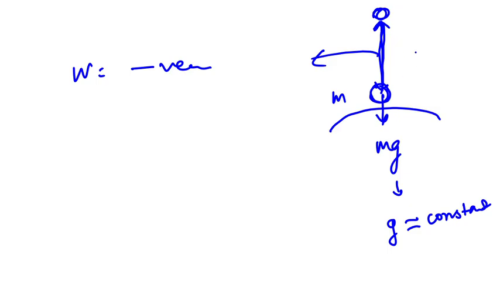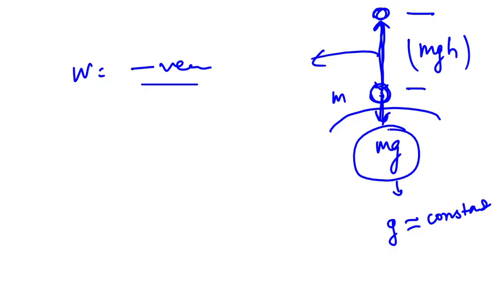Then there will be, look, from here to here, there will be rise of potential energy by an amount mgh. What is happening? The work done by this gravitational force is something negative, but that negative work done, which is done by this gravitational pull, is being reflected in rise in potential energy of the system.